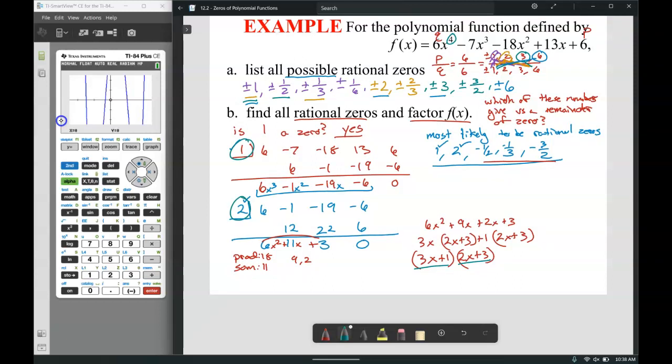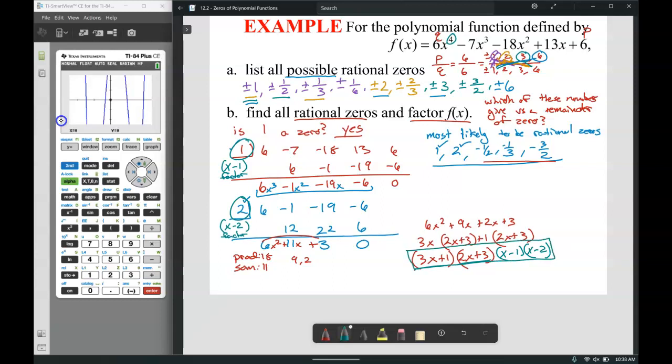So if 1 is a 0, that means that x minus 1 is a factor. If 2 is a 0, that means that x minus 2 is a factor. So all 4 of my factors, when I include those in, are 3x plus 1, 2x plus 3, x minus 1, and x minus 2. Those are all 4 of my factors.